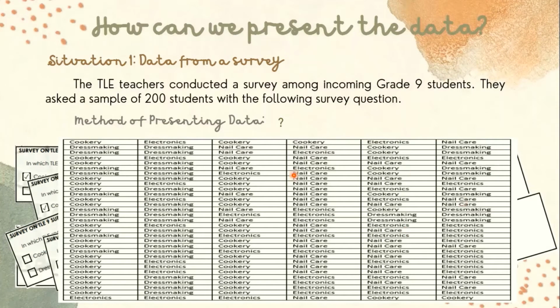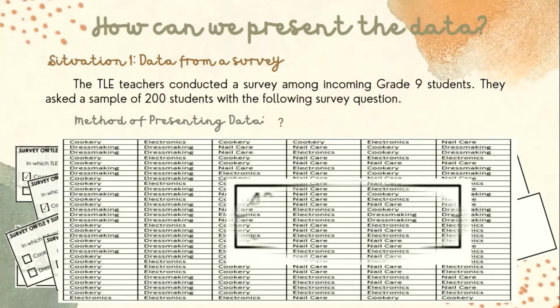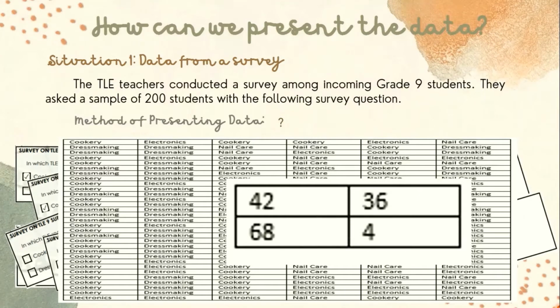Nilista lang nila kung ano-ano yung mga subjects na pinili ng mga respondents nila without properly presenting them. Worst is kung ibigay lang nila yung number of responses per TLE specialization without properly including which specific subject yung nakakuha ng mga numbers of responses na ito.